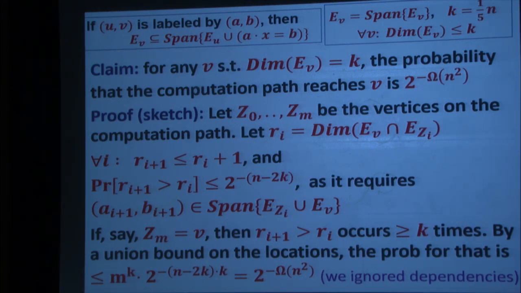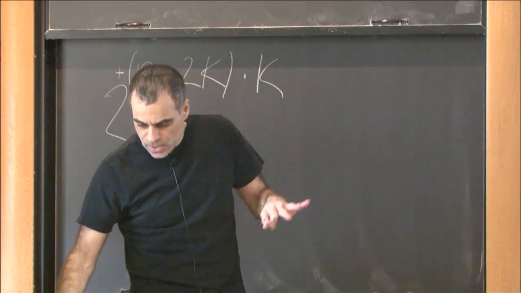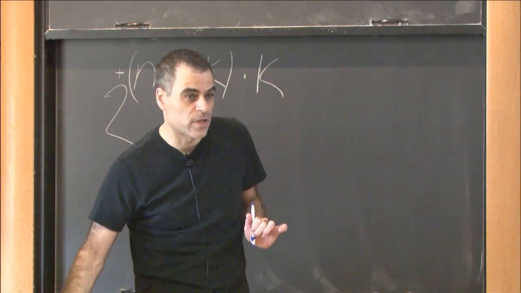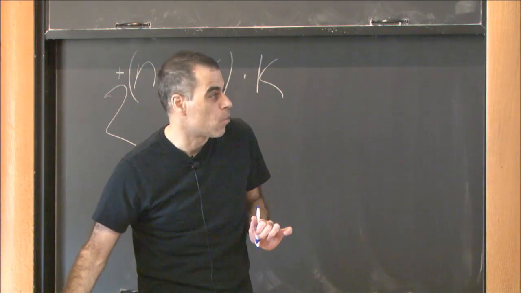So with a plus sign, this is the bound that you get on the number of vertices of dimension k in the branching program. It will be important for us that this bound is pretty tight. Okay, so this is a sketch of the proof for the affine branching program.